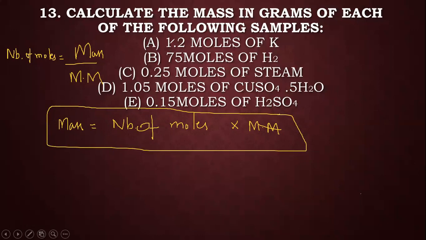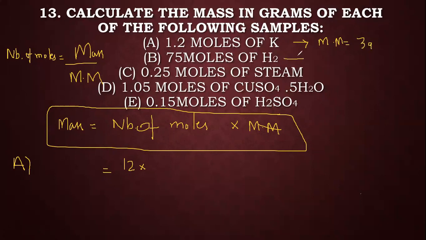Now 1.2 moles of calcium. As the symbol of calcium is Ca, the number of moles given is 1.2 in case 1, that's A. And the molar mass of calcium is 39.